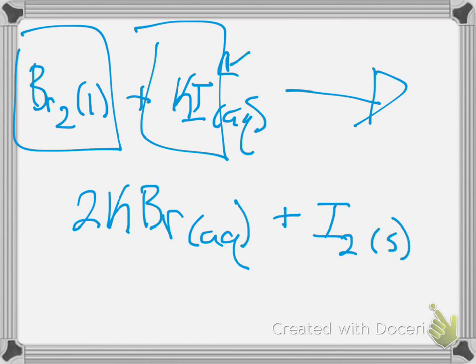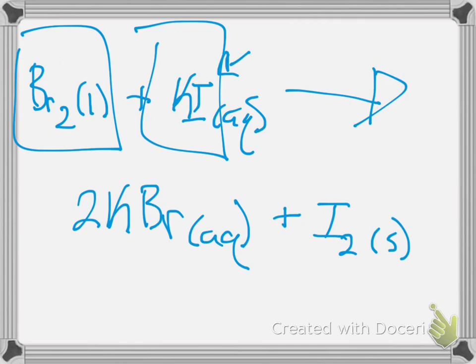And the iodine is a halogen, okay? It wouldn't make sense for the bromine to come in and replace the potassium because bromine doesn't form positive ions. It's going to form a negative ion, equivalent to the iodine that's already in the compound. So that's how I determined that the bromine is going to replace iodine.